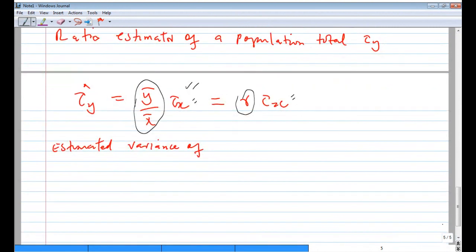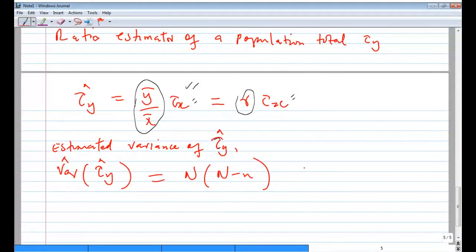The estimated variance of the estimated population total. Let me use the same color here. So you're going to have Var estimate of tau y estimate, close brackets, which is equal to N, open brackets, N minus n, close brackets, then S_R squared over n.